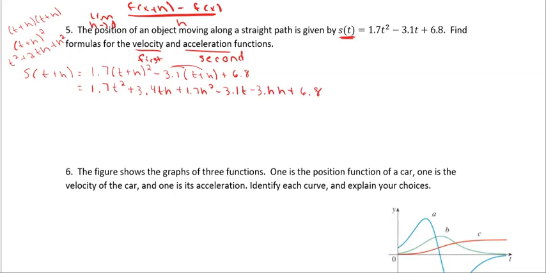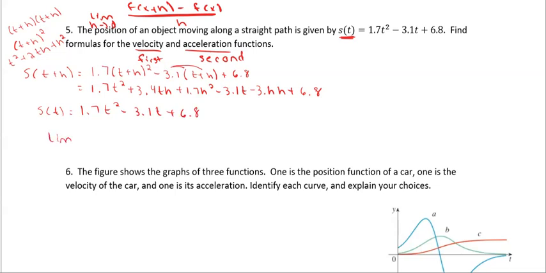There we go. Now we need to figure out our s of t. So s of t from our original function is 1.7 t squared minus 3.1 t plus 6.8. And now we need to put all this together so that we can put it into our limit function.